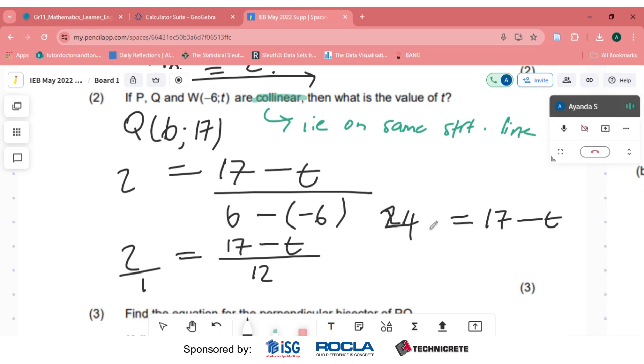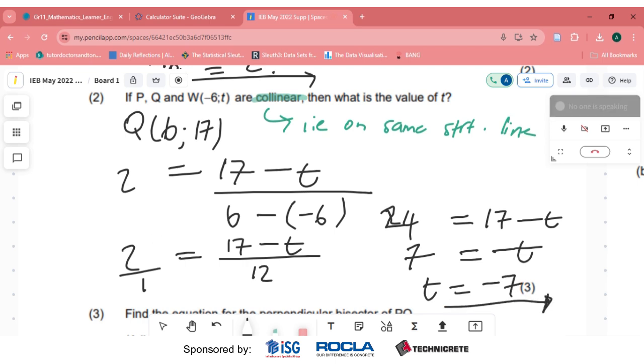If we subtract 17 on both sides, 24 minus 17 leaves us with 7 is equal to minus t. And if we divide by negative 1 on both sides, t is equal to negative 7. And that's it. So t is negative 7.